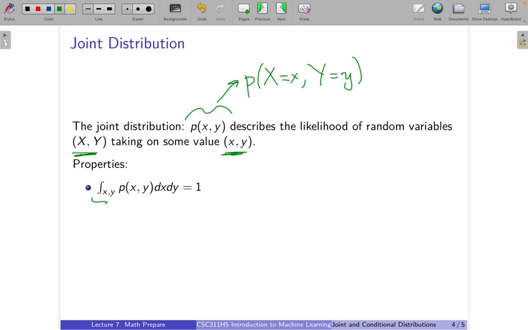If we integrate over the possible values, we should get the number 1. This is in the continuous case. In the discrete case, we get something similar, where if we add up all the possible values for my random variable x and my random variable y, I should get 1.